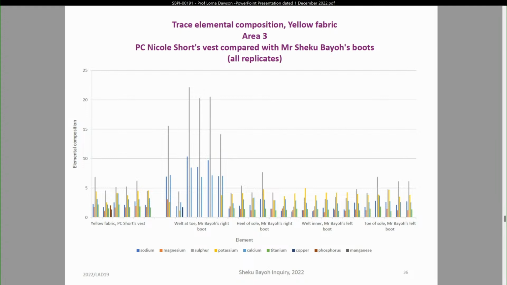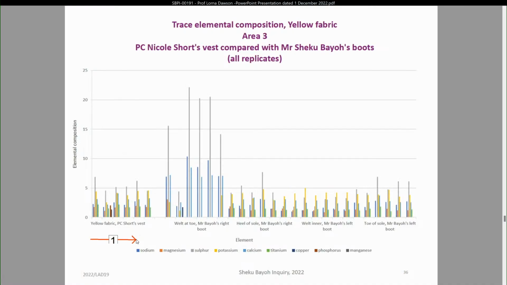What do we see here? So that is just focusing in on the soils, the soil from the vest in area 3, and comparing it with the 4 soils that were recovered from Mr. Bayo's boots.